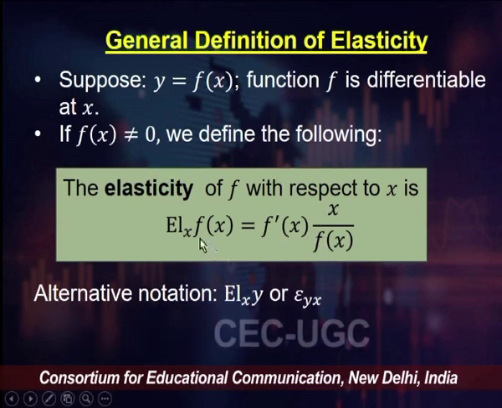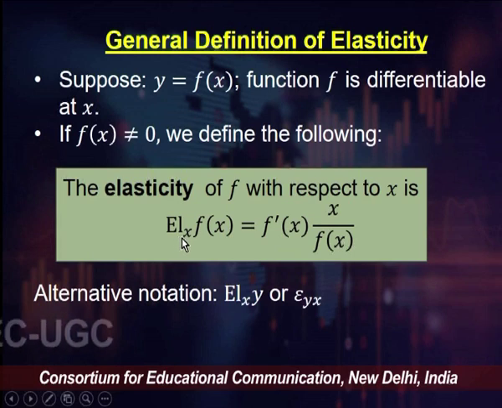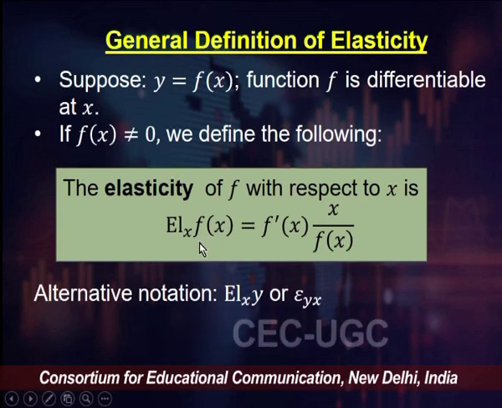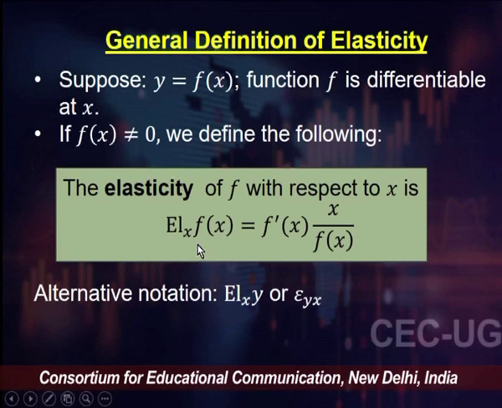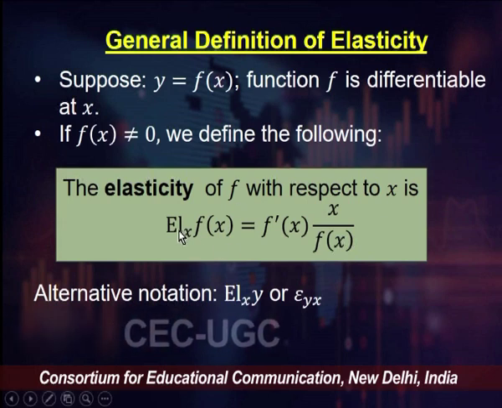So, we use a notation here with EL, the first two letters of elasticity, the elasticity of f of x, and the variable with respect to which we calculate the elasticity appears as a subscript in the middle, between EL and f of x.